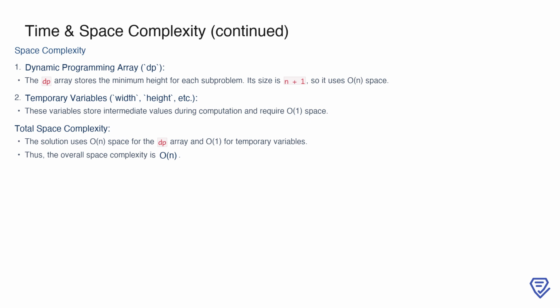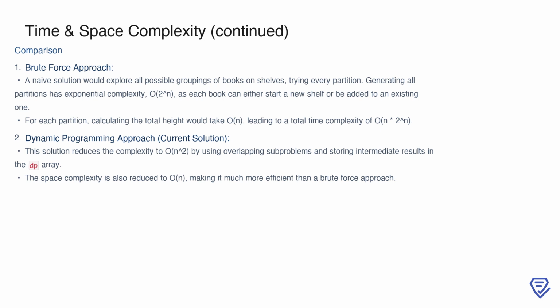When comparing this dynamic programming approach to a brute force solution, the improvements become clear. A naive approach would attempt to generate all possible groupings of books on shelves, which involves exploring all partitions. Since each book can either start a new shelf or be added to an existing one, the number of partitions is exponential, specifically O(2^n).